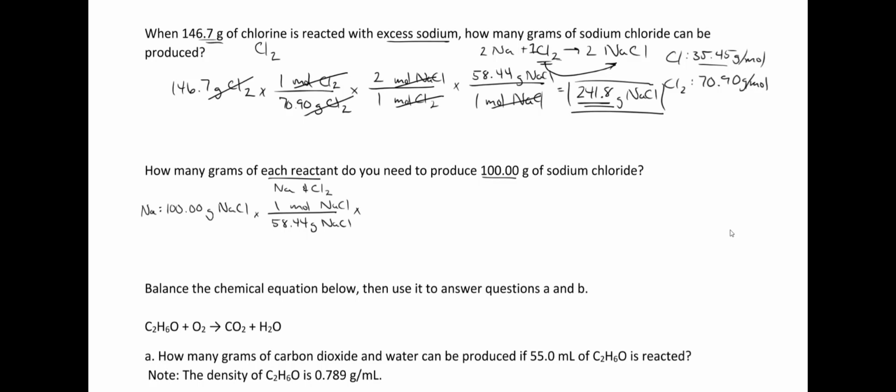And we now want to go from moles of sodium chloride to moles of sodium. So the balanced equation, which we still have up here, tells us that every 2 moles of sodium chloride requires 2 moles of sodium. And we know that 1 mole of sodium has a mass of 22.99 grams of sodium.